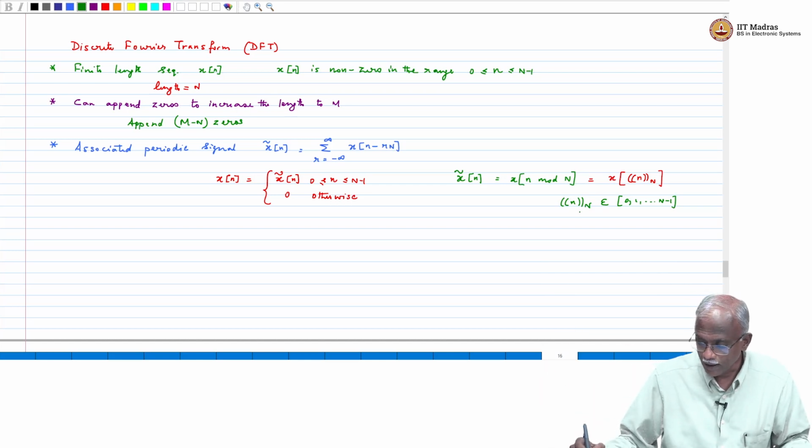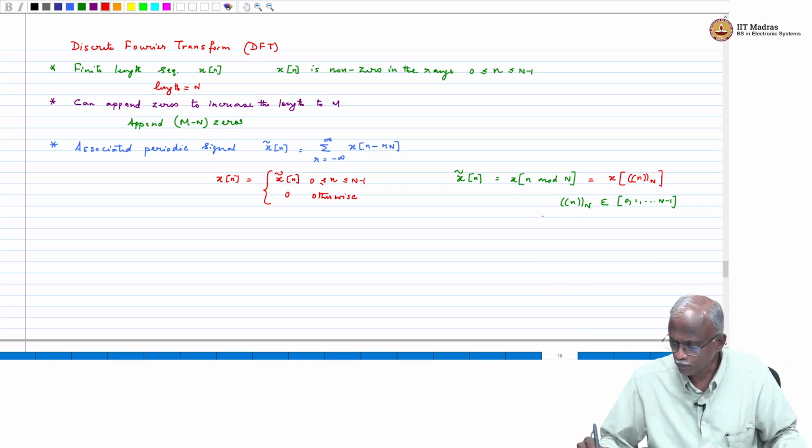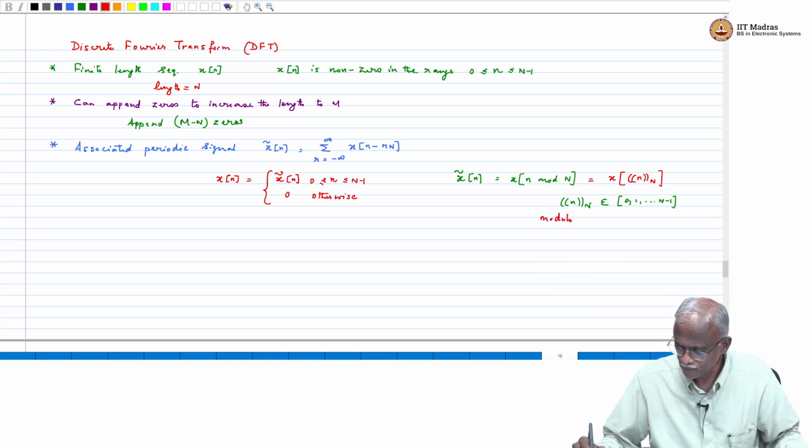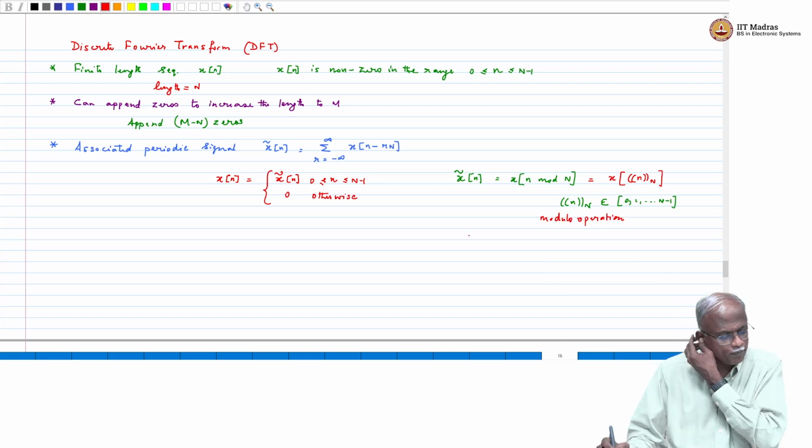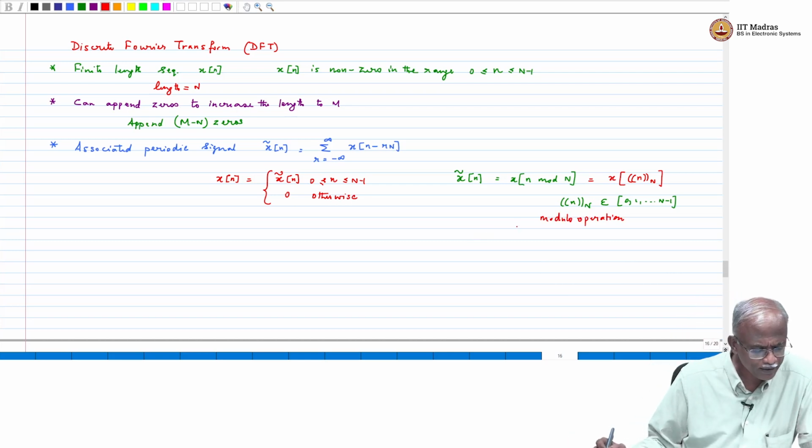So this is the modulo operation, and this is the representation that we will get.